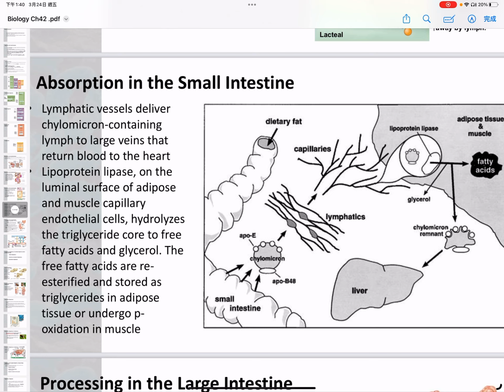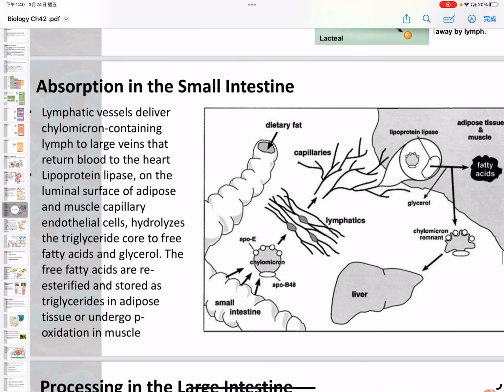The enzyme can hydrolyze the triglycerides to fatty acids and glycerol, so that our body can use the fatty acids to generate ATP.